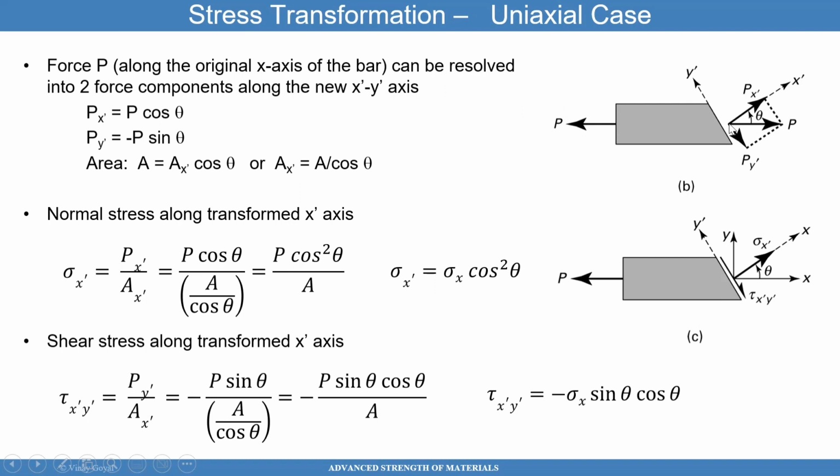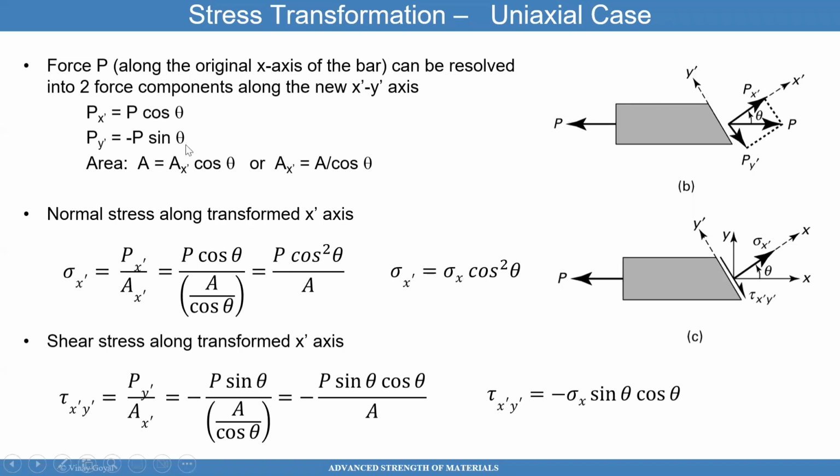If I take this force P and decompose it in the x prime direction and y prime direction, what I get is that this component here is P cosine theta, while this component here is minus P sine theta because it is in the opposite direction of y prime.